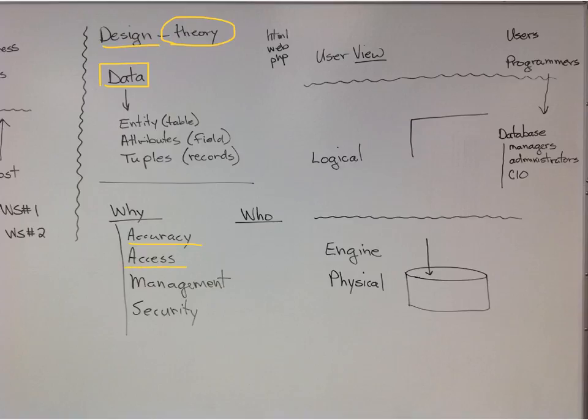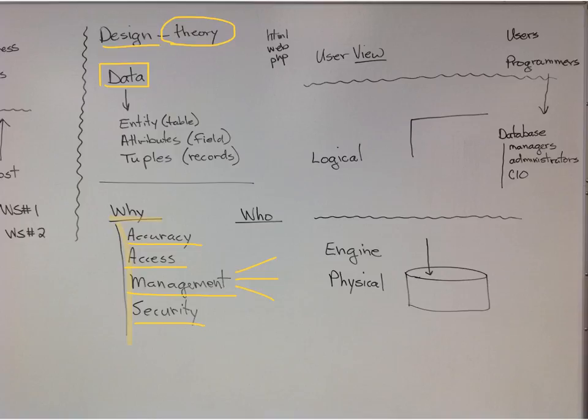We want to have good access. We want to be able to manage the database, back it up, add, take out information, and so forth. And we also want to be able to secure the database. That's why we would use a relational database.